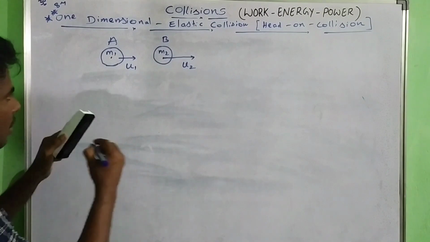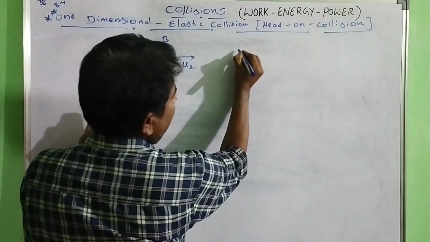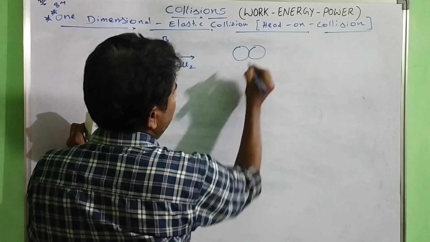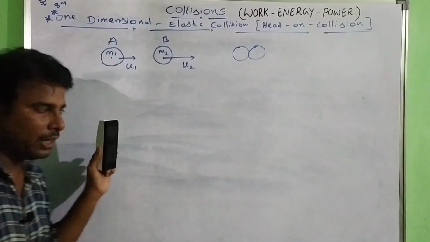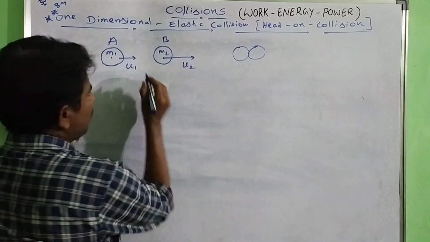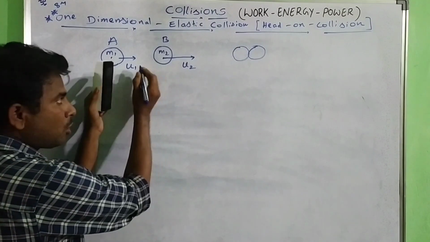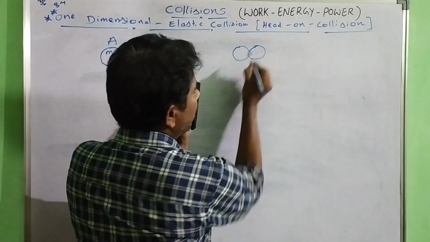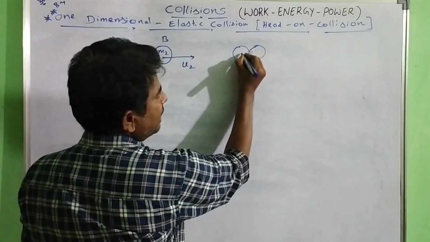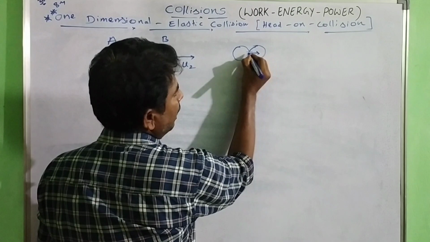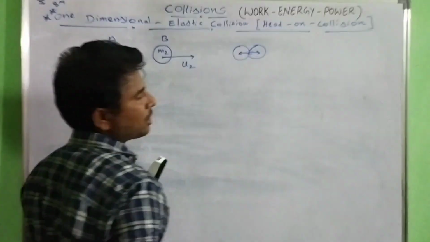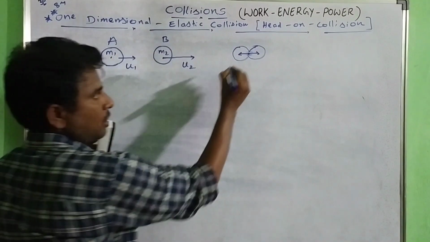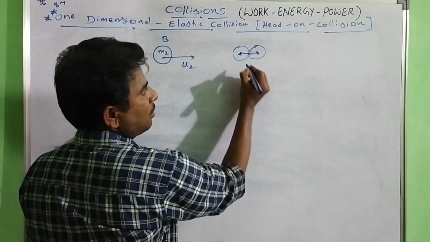These two bodies are colliding at a point. This is before collision. During collision, they exchange their momentum and velocity. Momentum means P equals mv; only the velocities change.